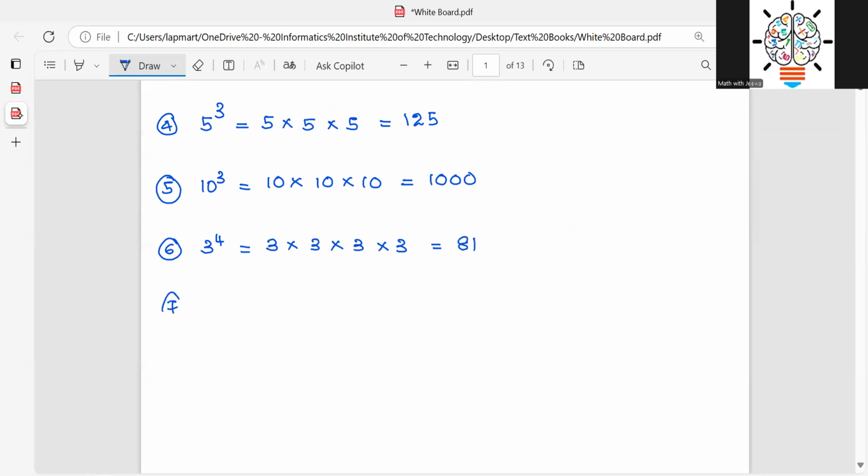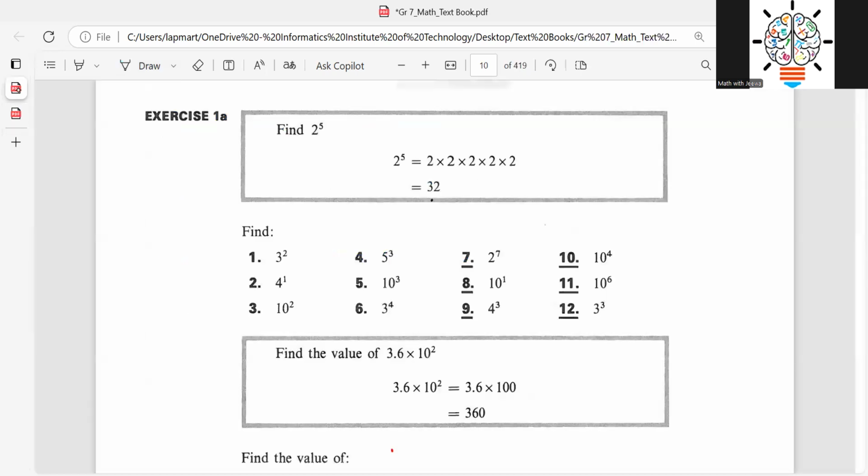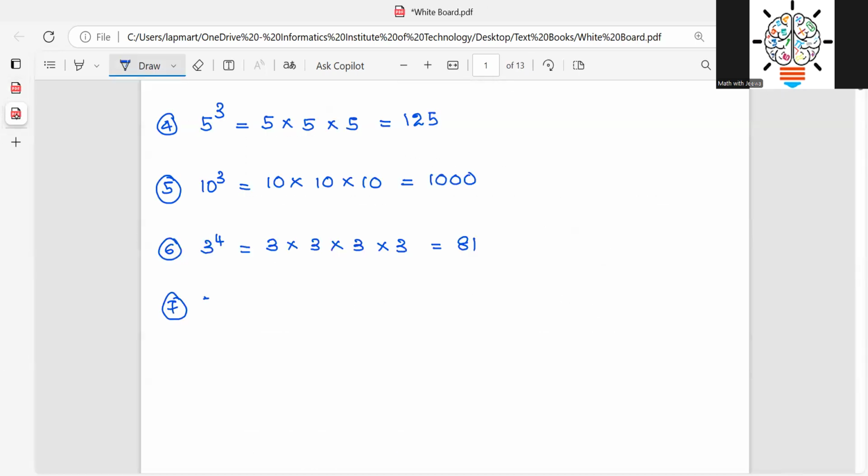Question number 7, you have 2 to the power of 7.